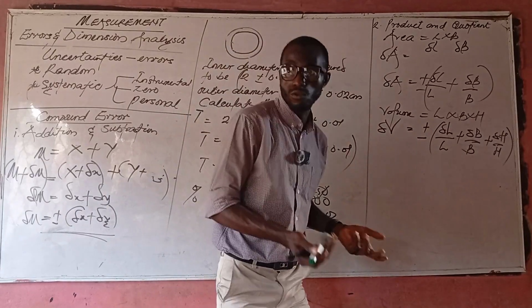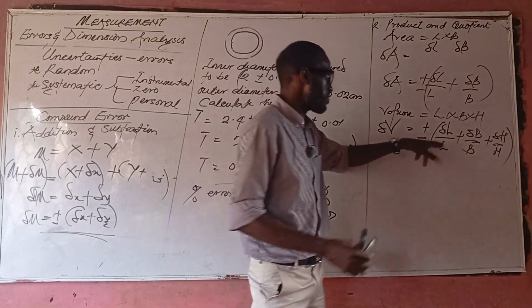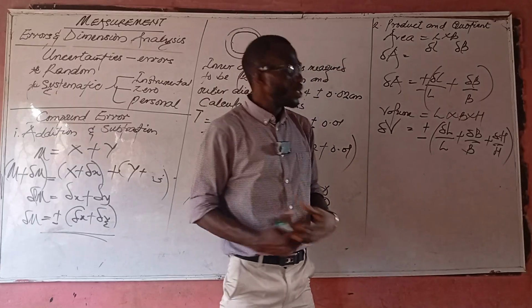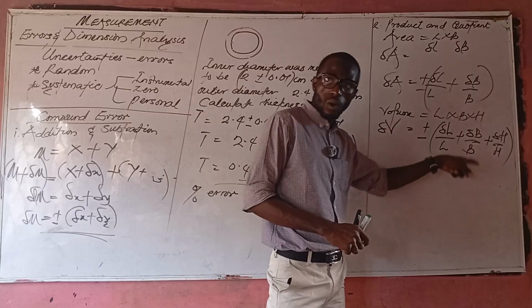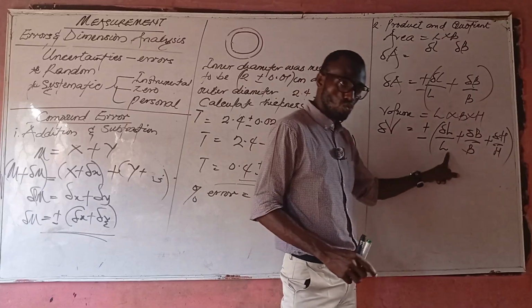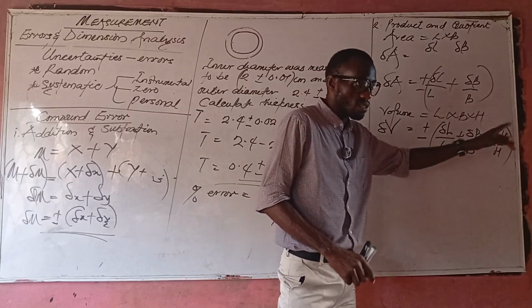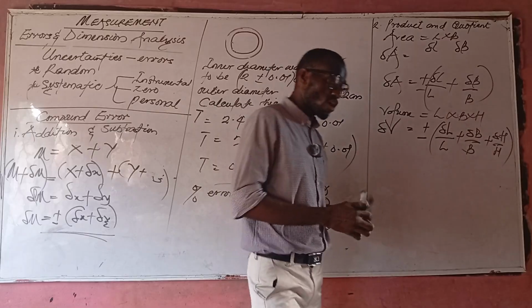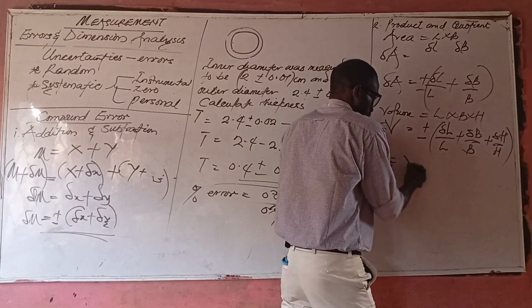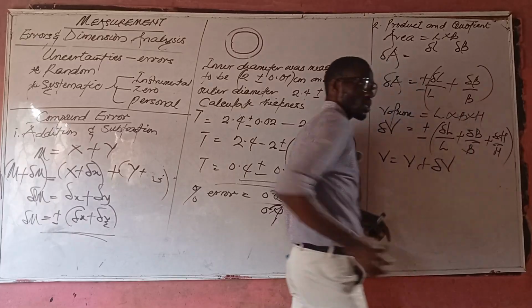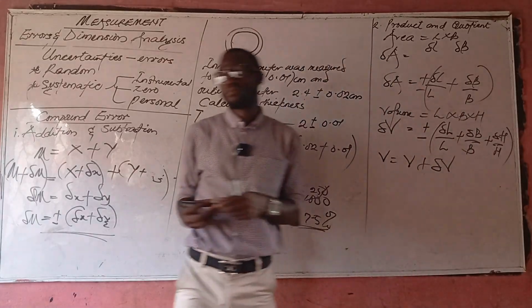So all you need to do is divide; if I give you length to be 2.01, just do 0.1 over 2, plus the rest. So your erroneous volume will now be volume plus dV. Is that clear?